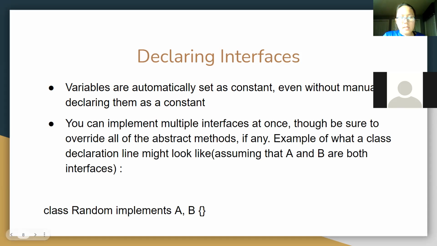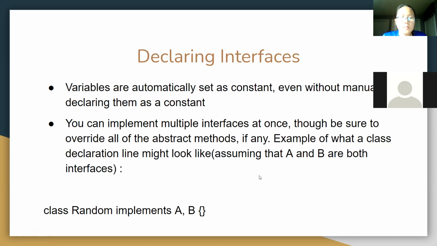Class, the name of the class, implements, the first interface you want to implement, comma, and then the second interface. This can go on: you can put another comma here and add a C interface, and then another comma and add a D interface. It might not be the best thing to do, but it works. So that's something you can take note of.